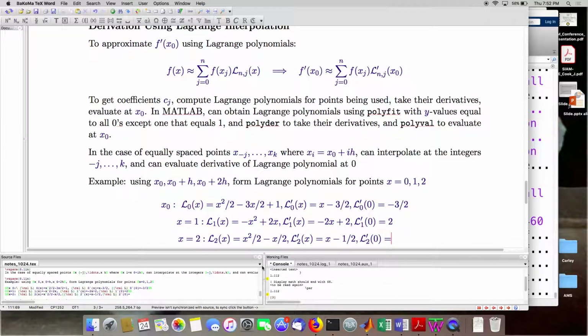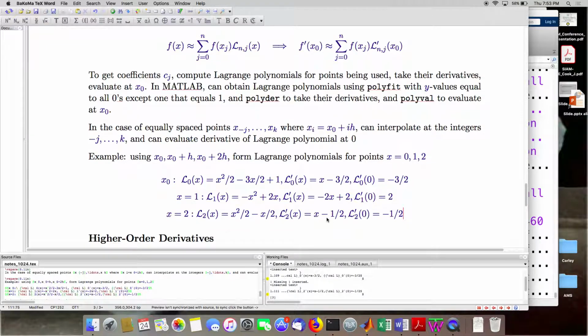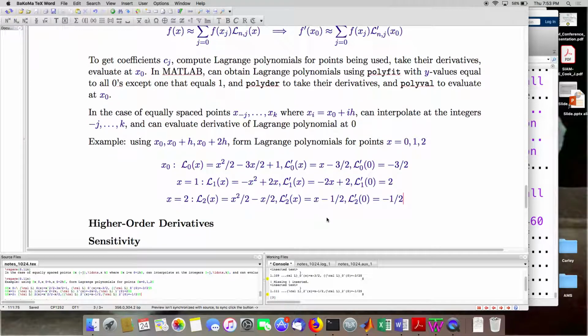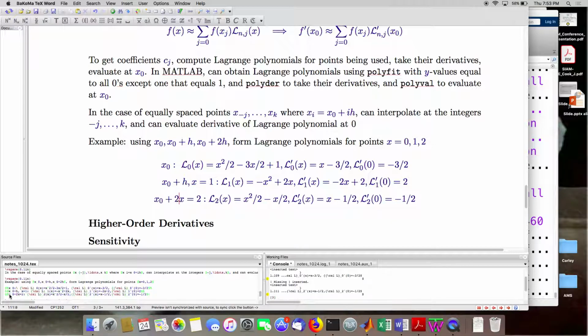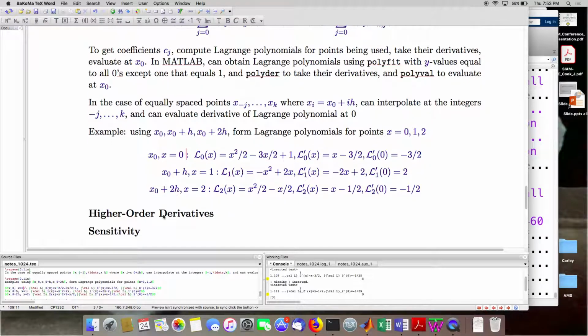Plug in x equals 0, and I get minus 1/2. So those are the same coefficients as when I derived the same differentiation rule using Taylor series. So that's how you can derive these same rules.